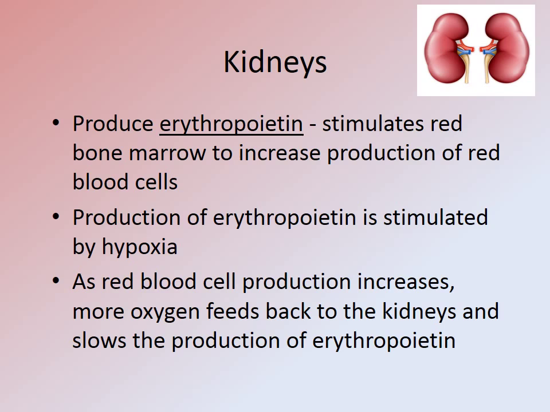So our kidneys can't let that happen. When they recognize that hypoxia, they start producing the hormone erythropoietin, which then stimulates the red bone marrow to produce red blood cells. Therefore, they can carry the right amount of oxygen to our tissues.